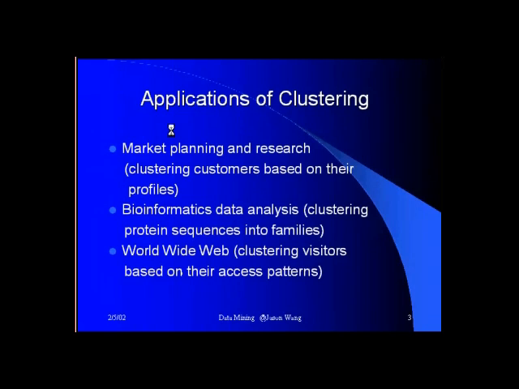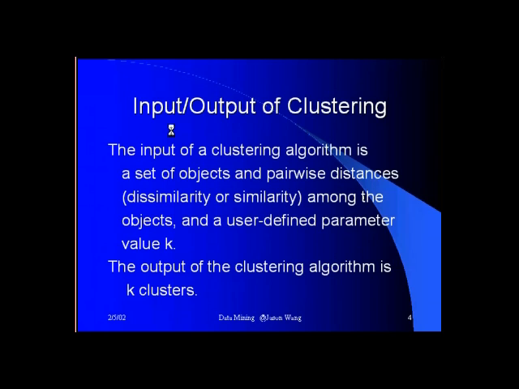So the input of a clustering algorithm is usually a set of data objects and the pairwise distances, dissimilarity or similarity among the objects, and also a user-defined parameter value k. That k tells the clustering algorithm how many clusters eventually you would like to have.